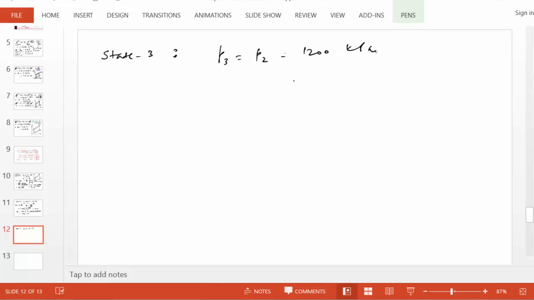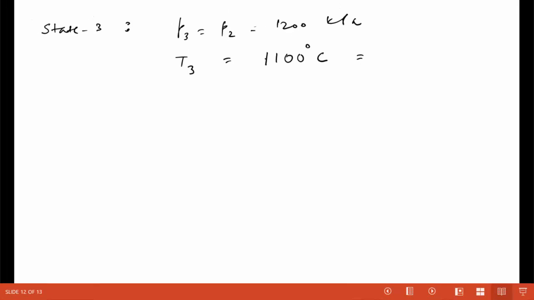And what else is given to us? The turbine inlet temperature, T3, is 1100 degrees Celsius. Add 273 to that.